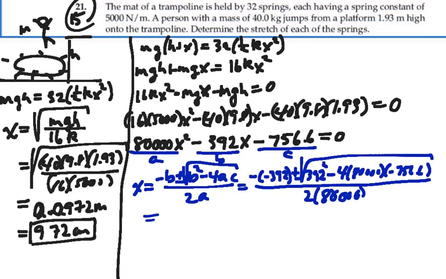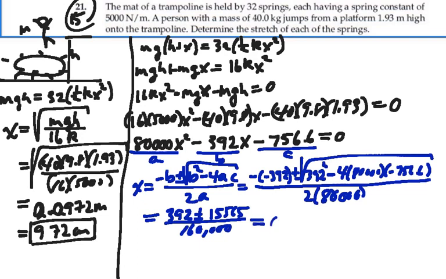So what is that? We have 392 plus or minus 15,565 over 160,000. If I were to add these, what do I get?